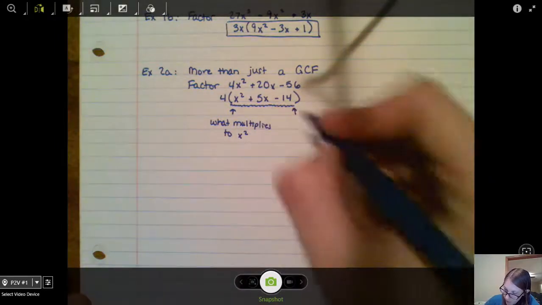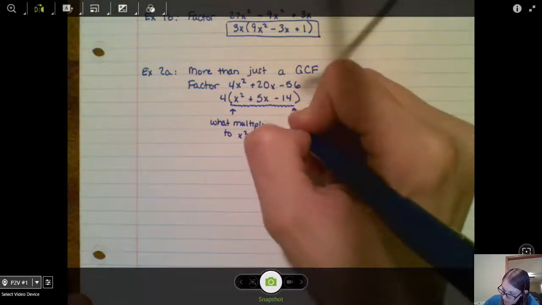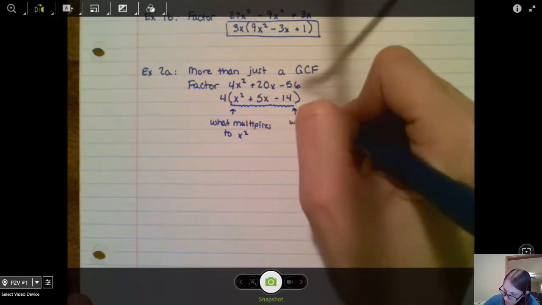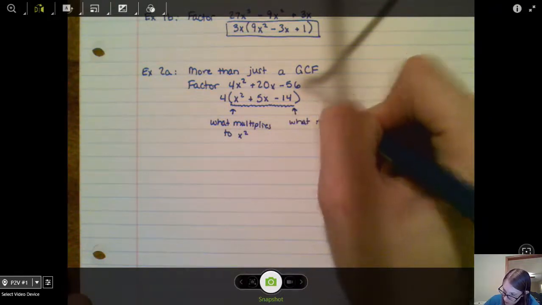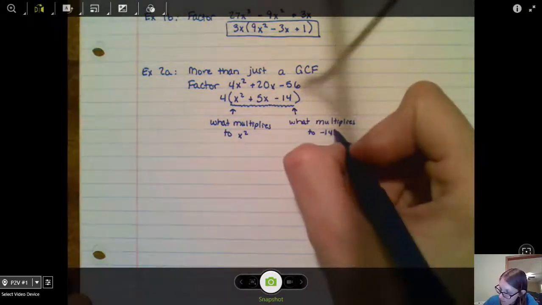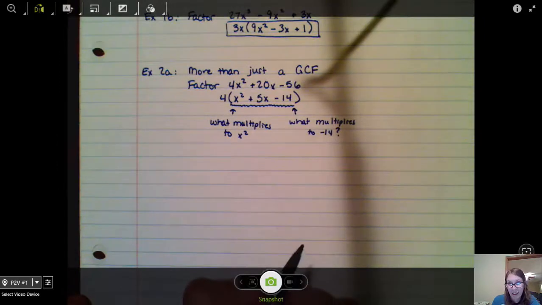And then over here, what multiplies to negative 14. Here's the kicker.